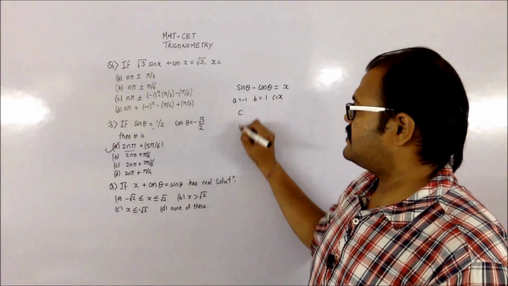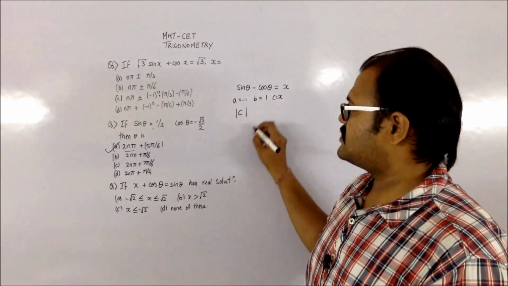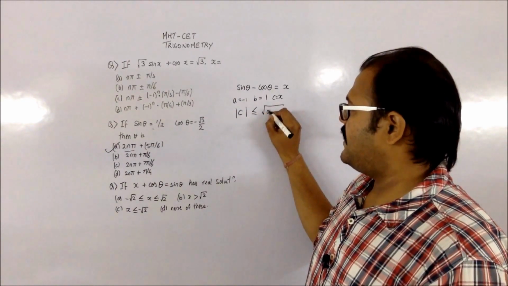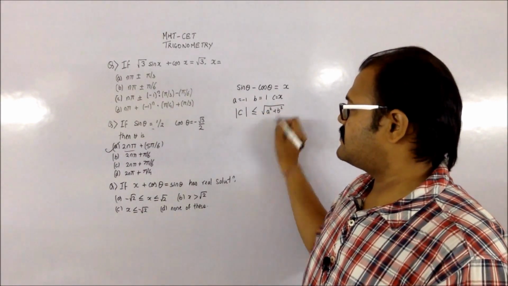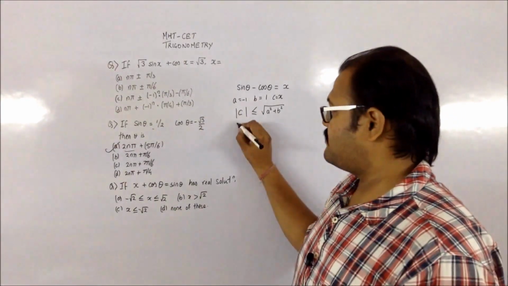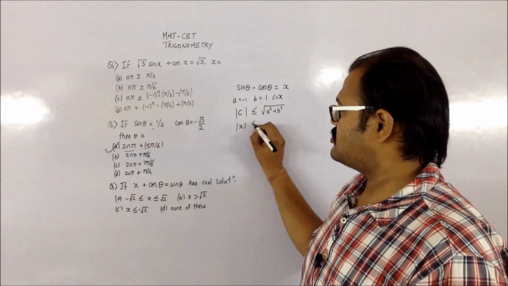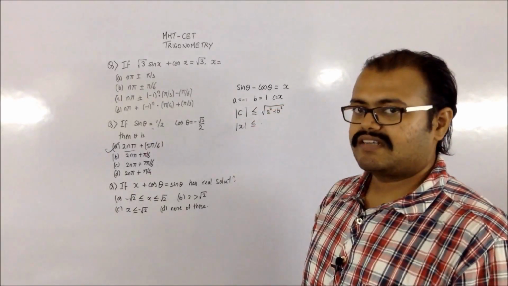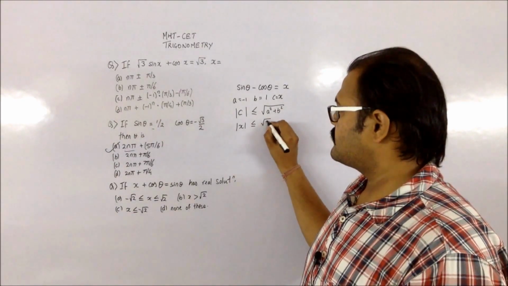So I require the condition that mod of C should be less than or equal to root of A square plus B square. This is the condition for the solution to exist. So that means my mod of x should be less than or equal to root of 1 plus 1, which is root 2.